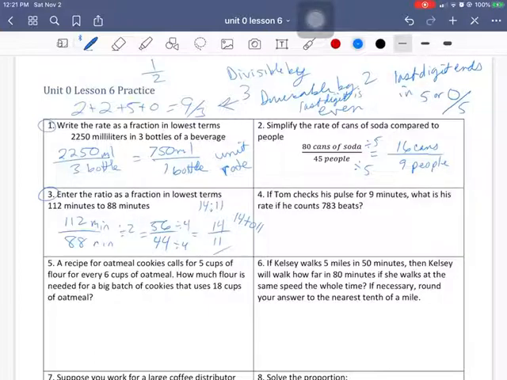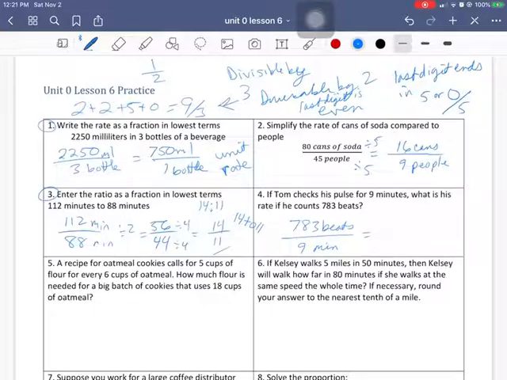All right. If Tom takes his pulse for 9 minutes, what is his rate if he counts 783 beats? That's just a phrase you normally hear, beats per minute. So I'm going to write it that way. This is what this is: 783 beats per 9 minutes.